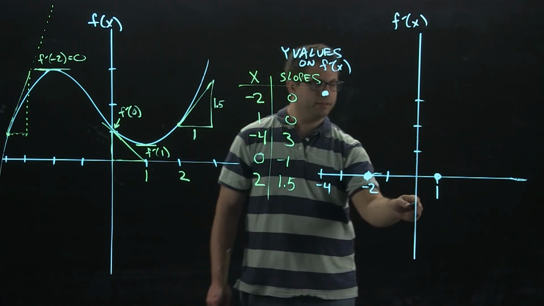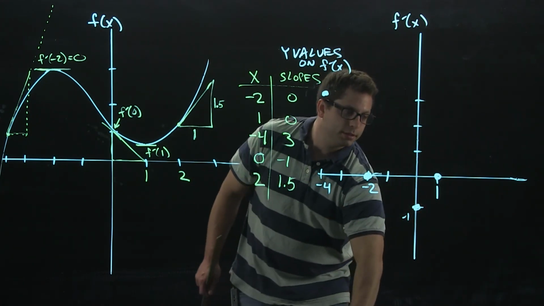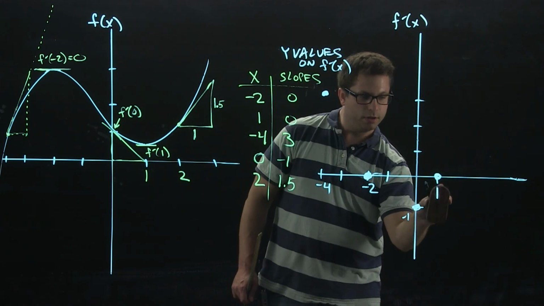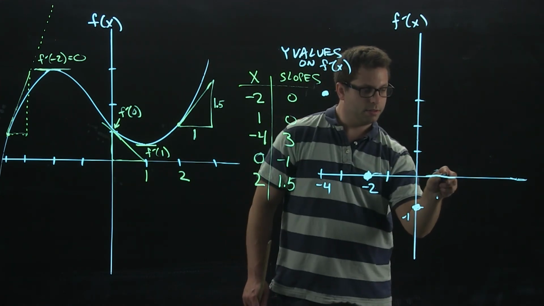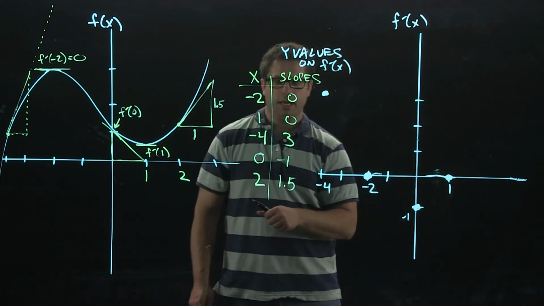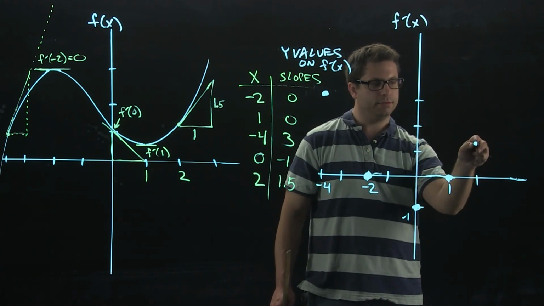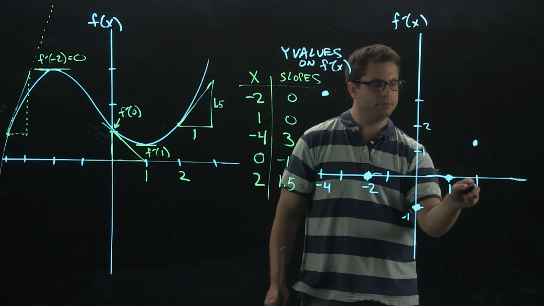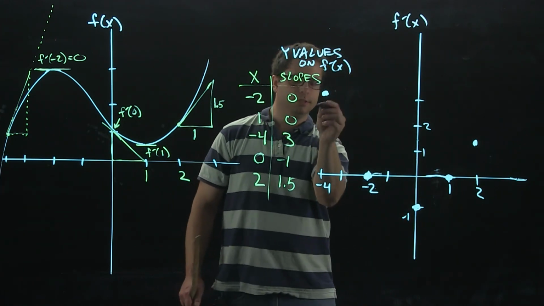We have 0, negative 1. All right. It's a little scaled a little off. Let's move. That's where 1 should be. And 2, 1.5. So get 1, 2. Okay, so these are all the points on f prime. Now all I got to do is connect the dots.